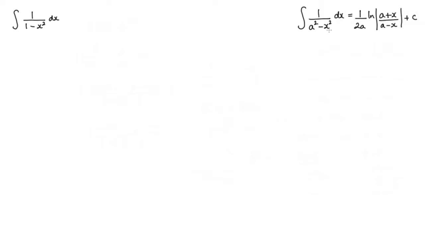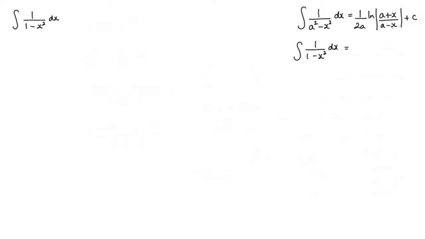Now, if we compare this to our integral, and let me write the integral here, so it's the integral of 1 over 1 minus x squared with respect to x. Comparing these two, I can clearly see that a, in this case, would be 1. 1 squared is 1.